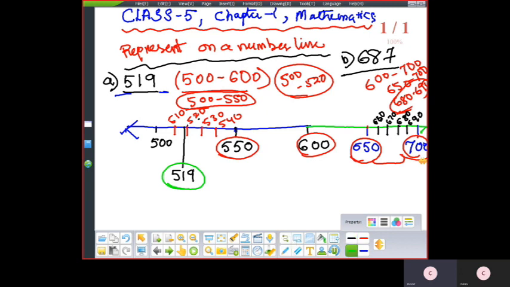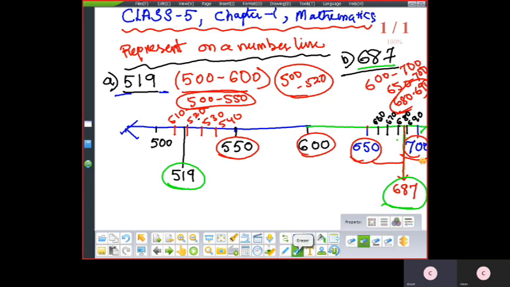So now, where does this one come over? It is 687. So 87 is in between 80 and 90. So 80 and 90 is nearest to 680. Put it, children. Marked. Done.